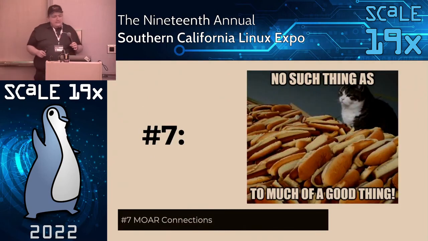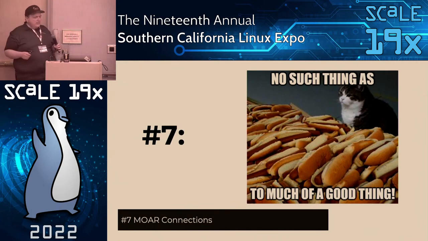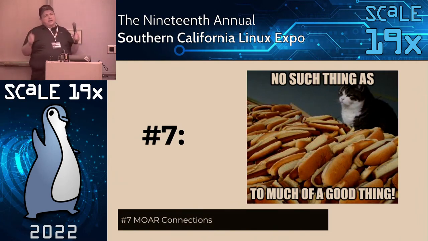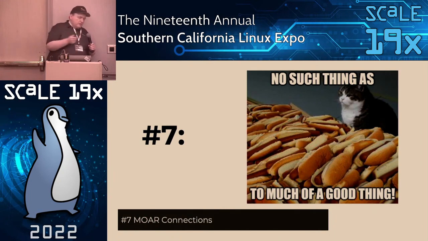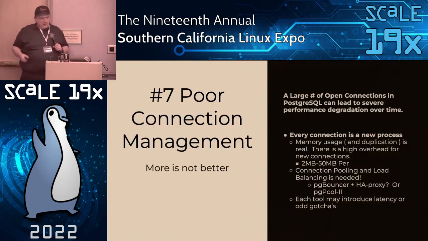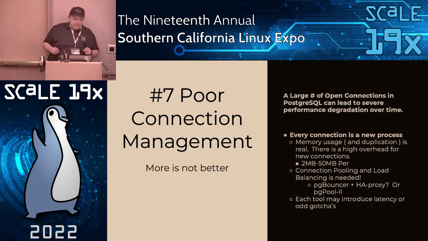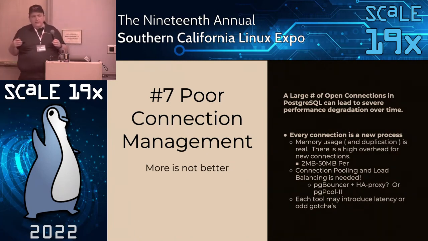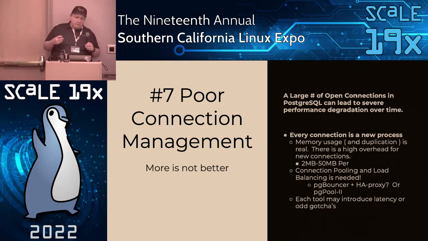That's okay. Because the other thing that we see that is constantly causing issues is more connections, because we all love to connect to our database even more. There's no such thing as too much of a good thing, right? And so poor connection management leads to quite a bit of problems because of how the connection management and the threading and process within Postgres works.